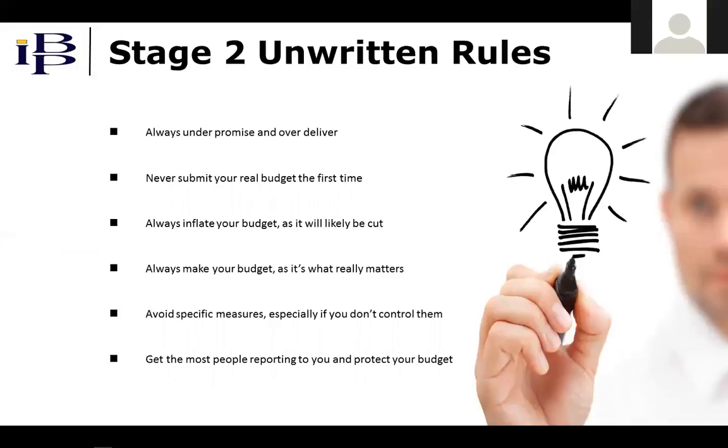And one thing that I often find at this stage too are these things called unwritten rules. I'm not going to go into a lot of detail about them, but one of the reasons why these things exist is because organizations can't connect what they're seeking to achieve with what they're willing to spend.